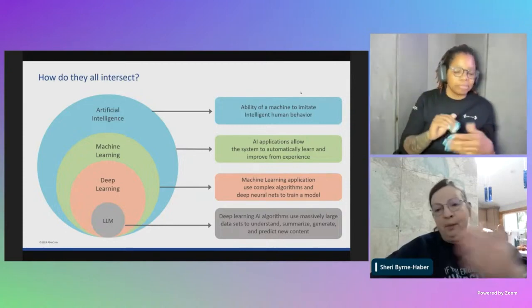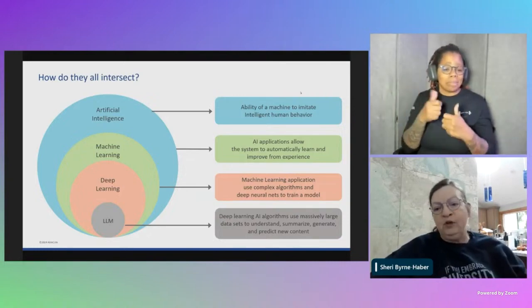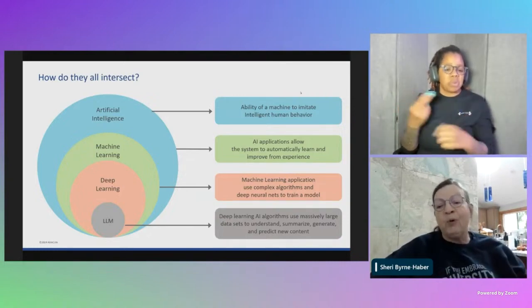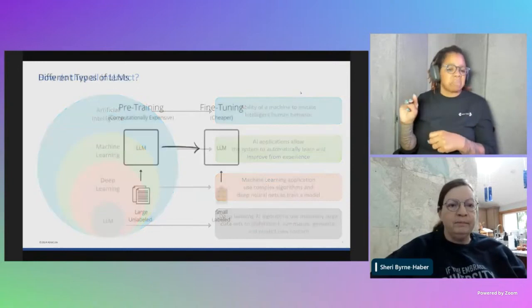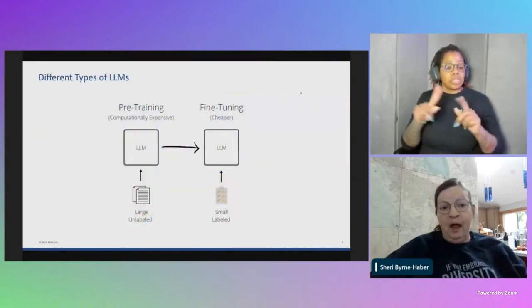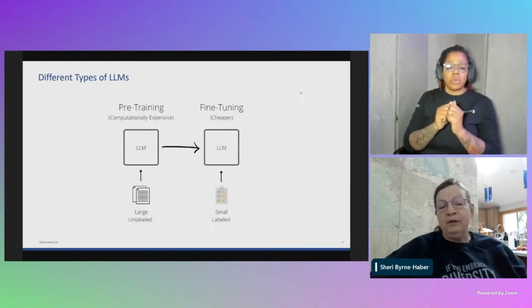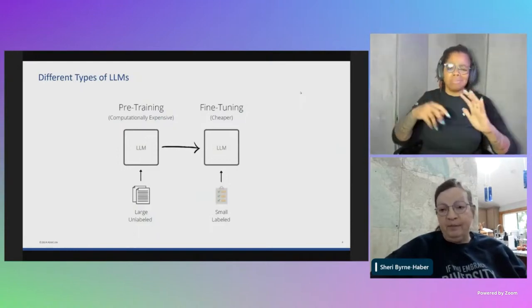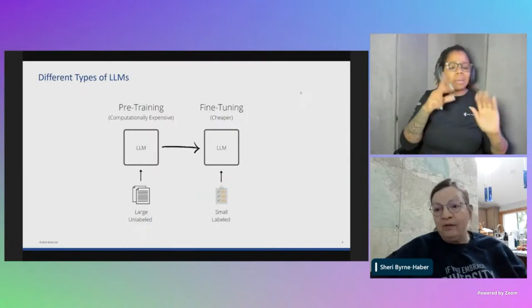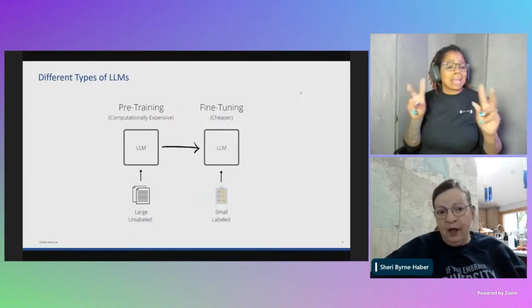And eventually, probably there will be subsets of LLMs, but right now we're using them pretty much on their own. So there are two different types of LLMs. One is with monster unlabeled data. Okay, so nothing is categorized. Nothing has been looked at by humans.